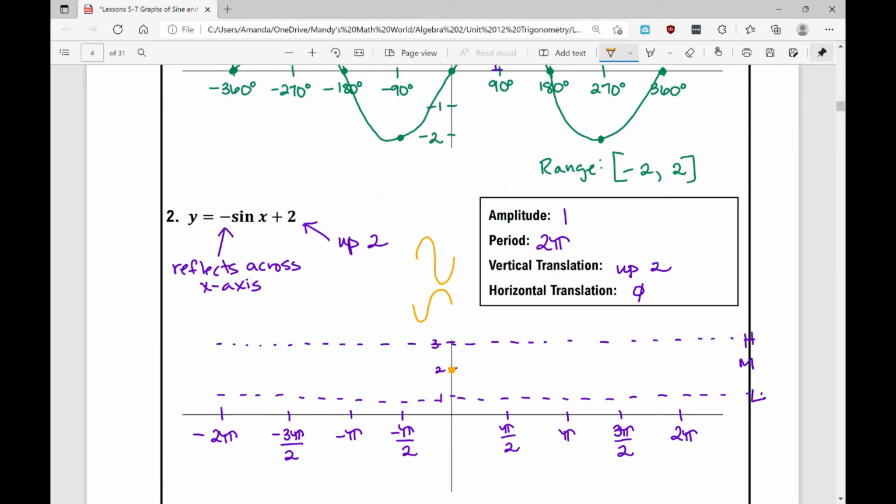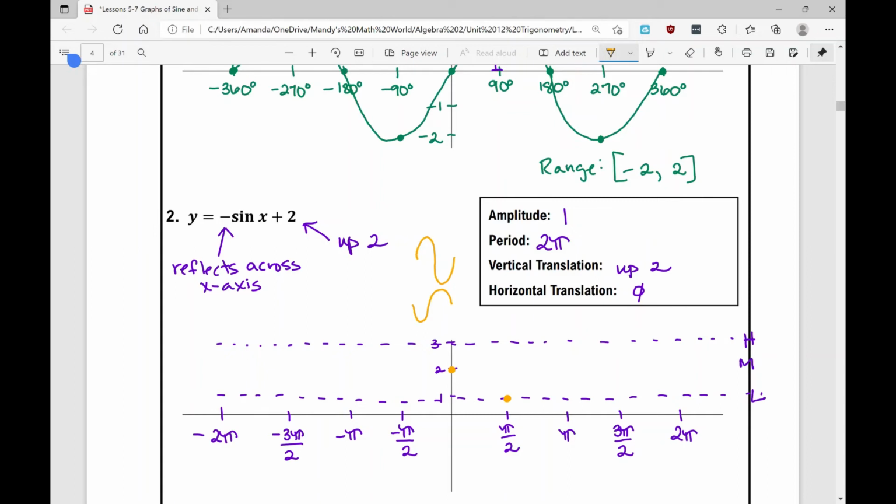So instead of going up here, at pi over 2, we're down right here at 1. Now, how did I get that low line and that high line? Because there's no amplitude change, from that midline, I'm going to go up 1 unit and down 1 unit. Okay, that's how I got that low line and that high line. I just want to clarify that in case I didn't say that.